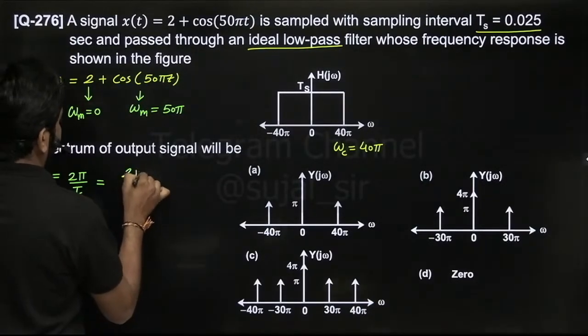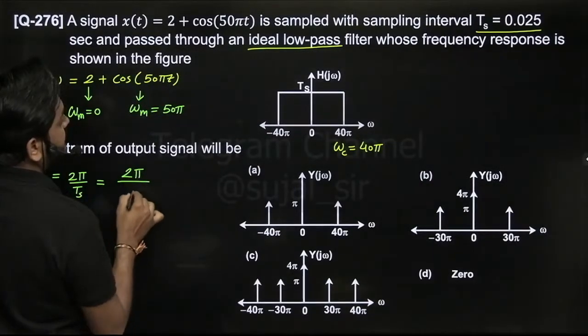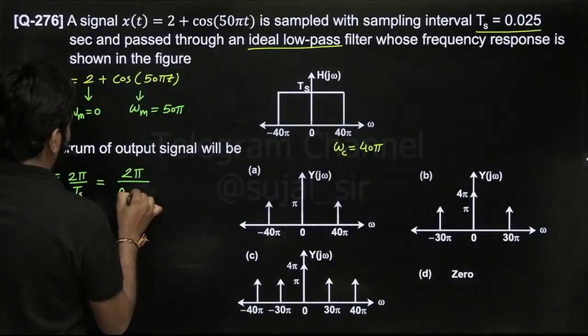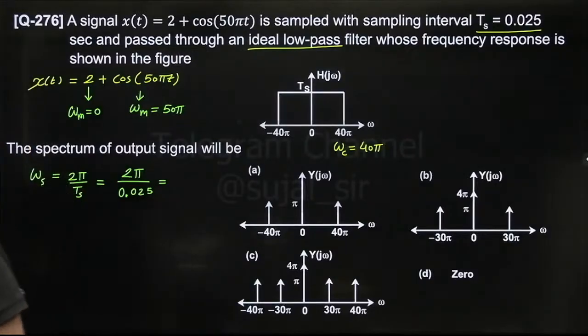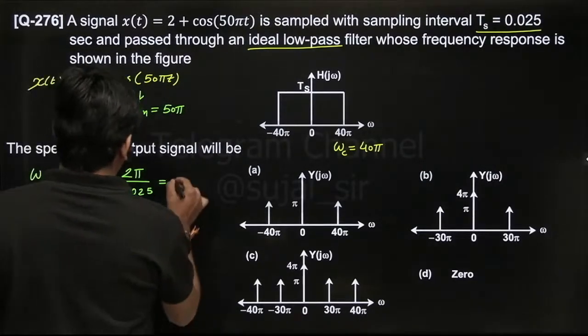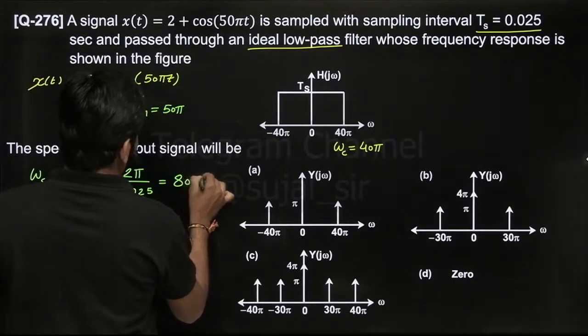So 2 pi upon Ts, with Ts equal to 0.025, will be 80 pi. So the sampling frequency will be 80 pi.